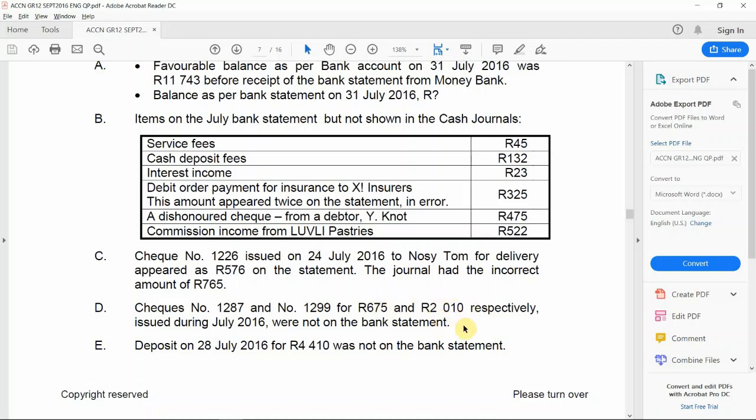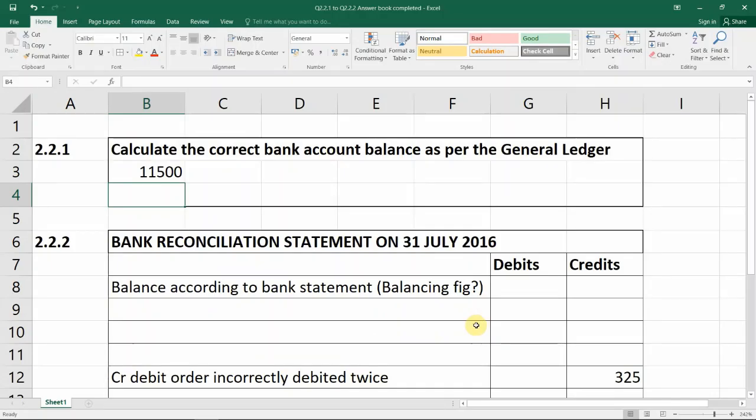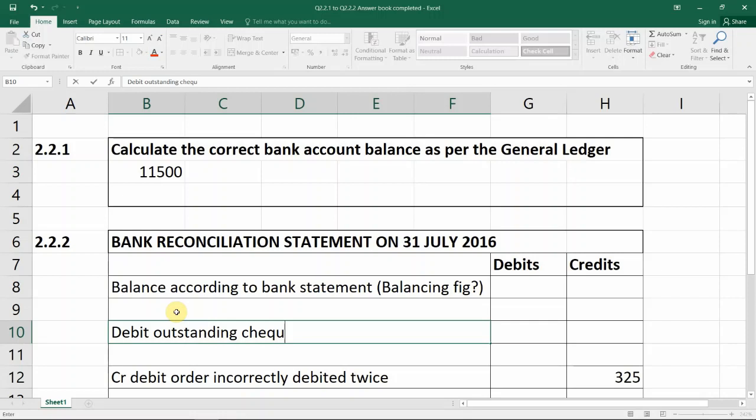So these are still outstanding checks, which we know we need to debit. So we will have to debit outstanding checks and we have the numbers.